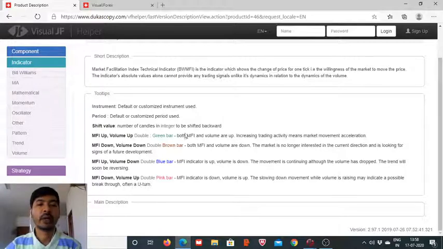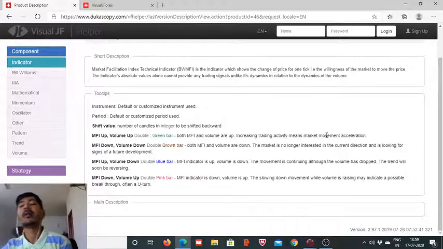When both MFI and the volume are up, that means the trading activity is increasing with movement acceleration. As I said, if it is on the upside, that means more and more market participants are taking bids on the upside. If the price is going down, then increasing market participants are betting on the downside.